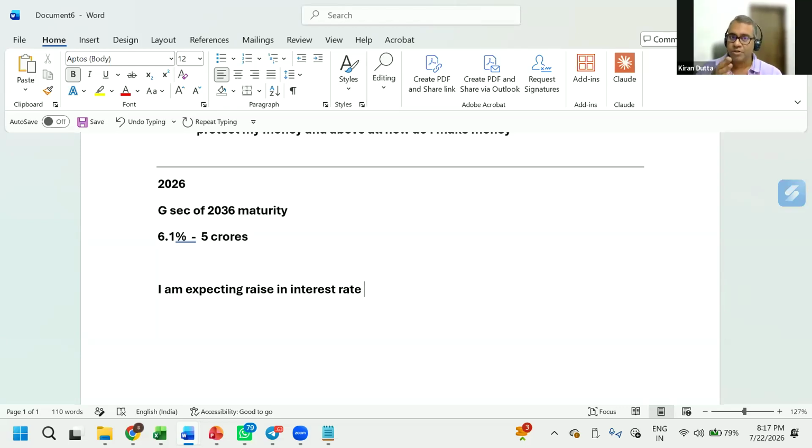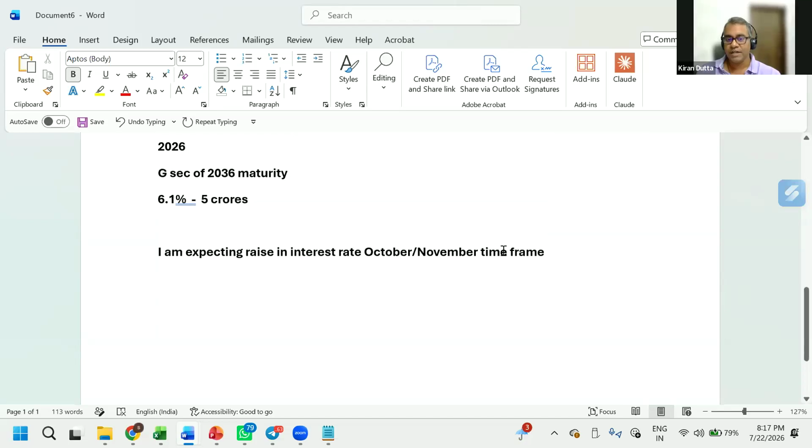The interest rates have come down from 2025 onwards, but this could even be a potential scenario. Now imagine I'm expecting a raise in interest rate somewhere around the October, November timeframe.